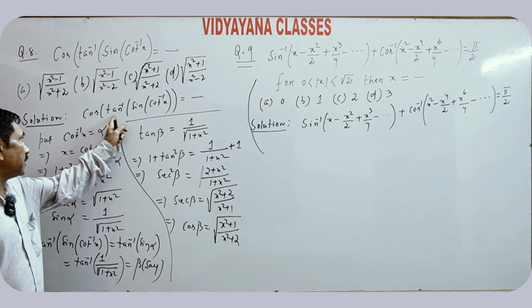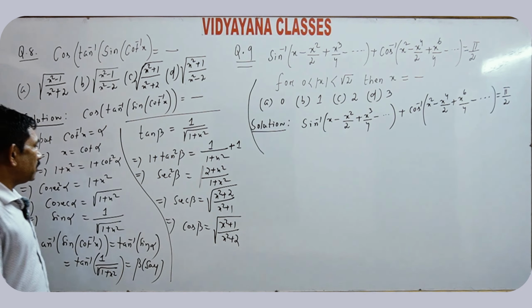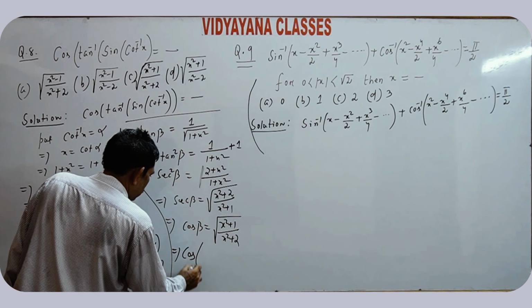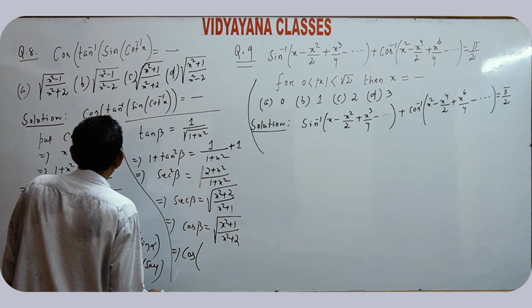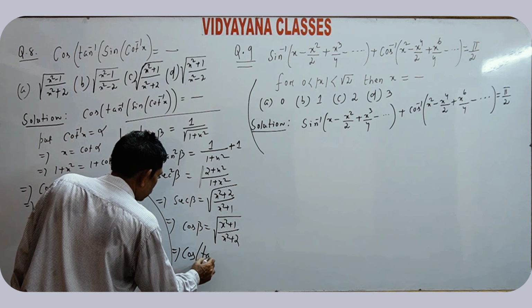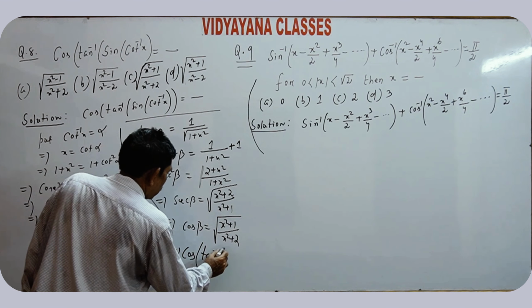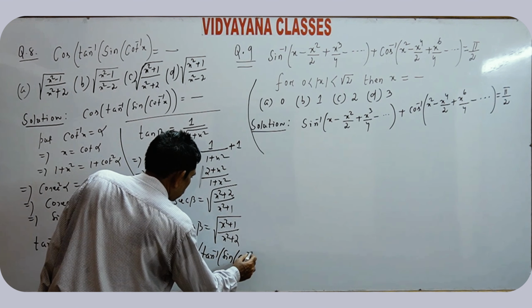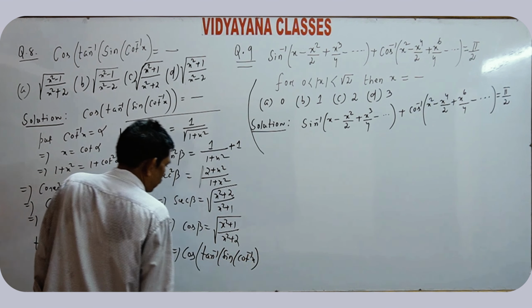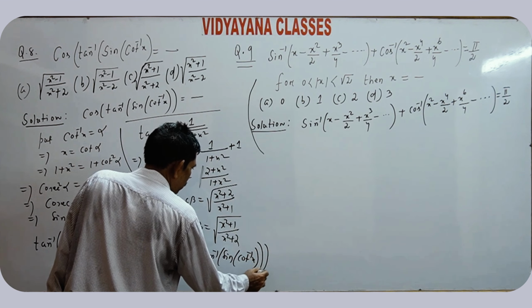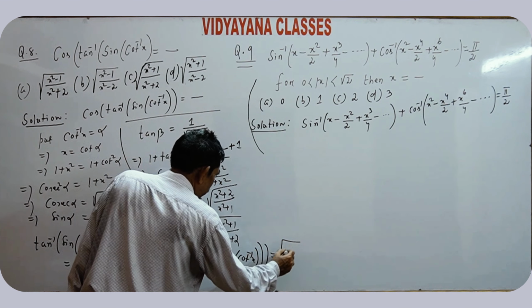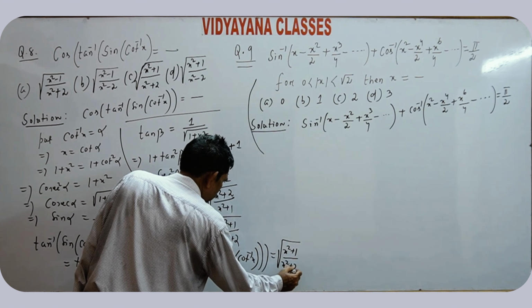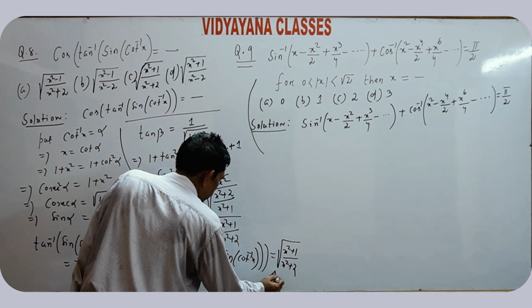What is beta? It is taken as beta. So cos beta means cos tan inverse sin cot inverse x is equal to square root of x square plus 1 divided by x square plus 2, is the answer.